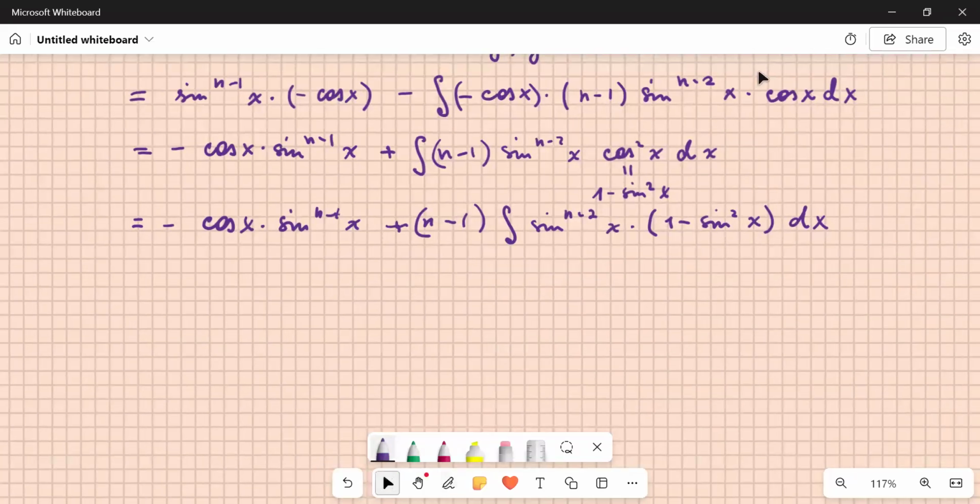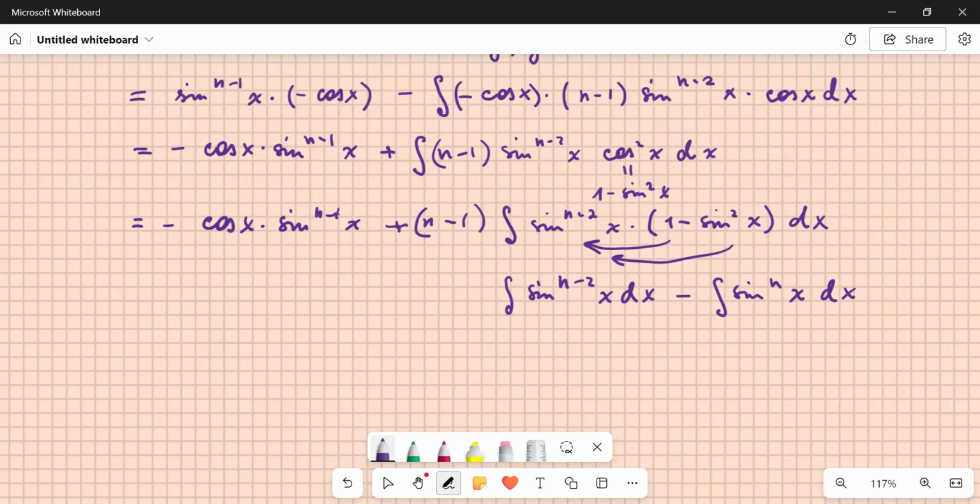I'm just going to work with this integral, and then eventually I'm going to copy everything together. So if I open my parentheses and multiply each of these two terms by sine n minus 2, I get the integral of sine n minus 2 of x dx, right? And the second integral is going to be sine to the power of n dx. Why? Because it's minus 2, but then we'll need plus 2 because there are two more sines here, right?